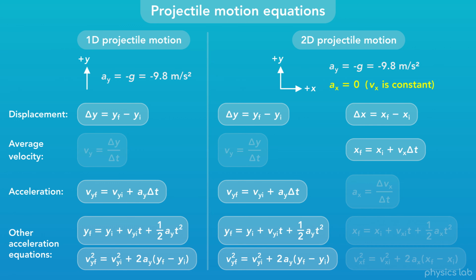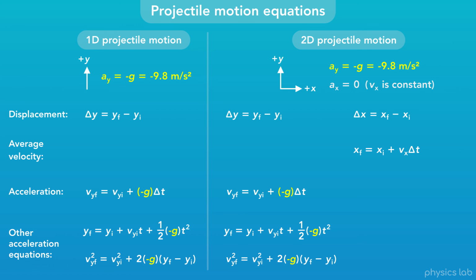If we say up is the positive y direction, then we're going to plug in negative g, negative 9.8 meters per second squared, for ay. Finally, even though the variables in the x and y equations are different, time shows up in both directions. t has the same value in both equations at the same moment in time. So we can use time to connect the x and y equations.